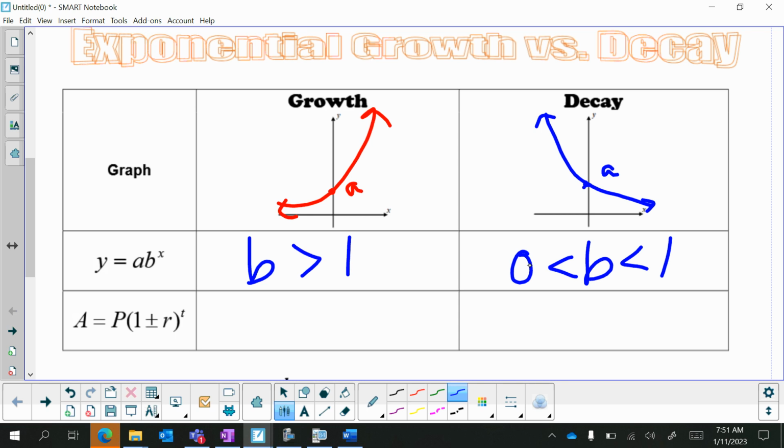Now, we can also break this down in terms of a real life setting. So the a, which is the y-intercept, in the real life setting is translated to a P. So the a is the growth factor. I'm sorry, the a is the y-intercept, not the growth factor. The b is the growth factor.